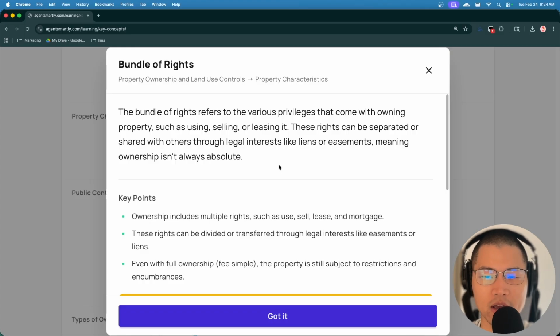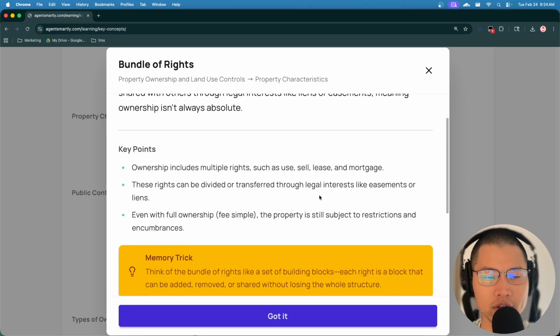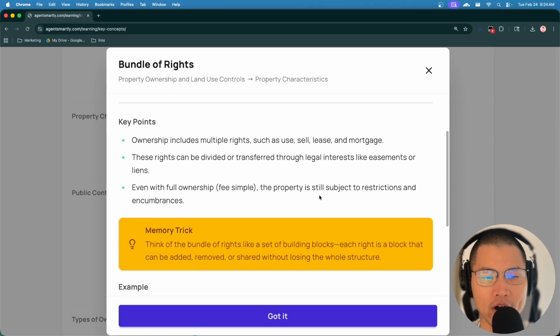So those rights can be separated or shared through legal interests like liens and easements, meaning ownership isn't always absolute. You could share, sell, or trade those rights through legal papers.